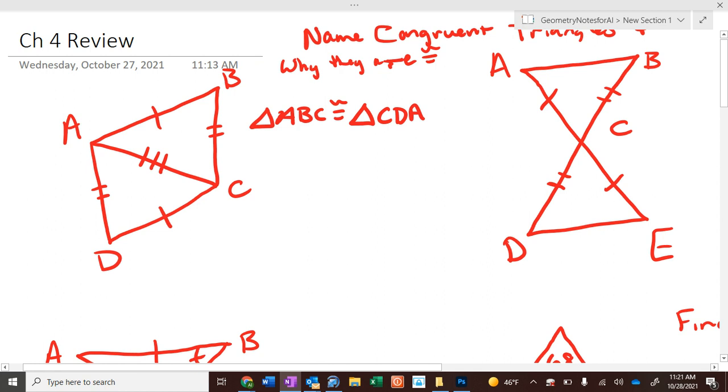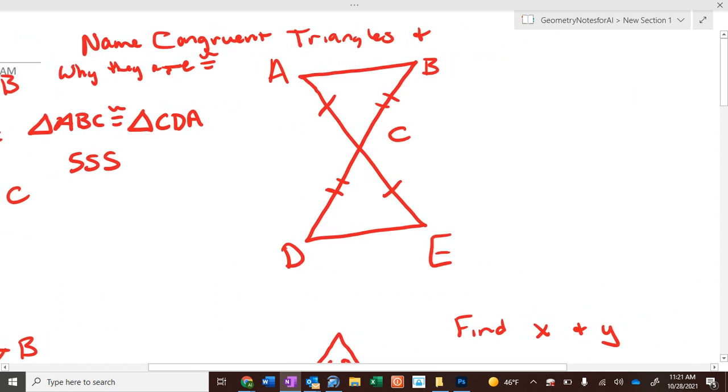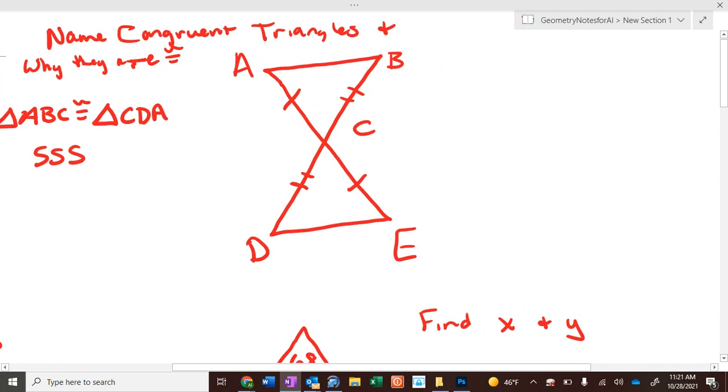Now, why are those two triangles congruent? What tells us that we're congruent out of those 5 things? Side, side, side, because you know all 3 sides of each. Going to this one, is there something I can say to make those two congruent? There's something missing.